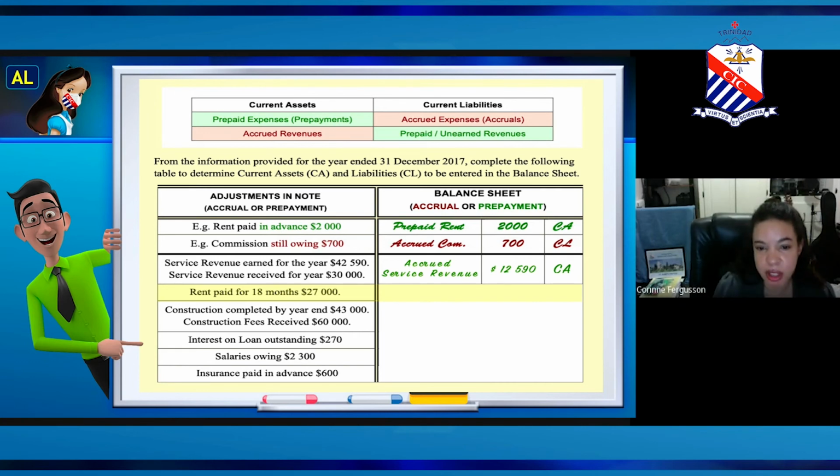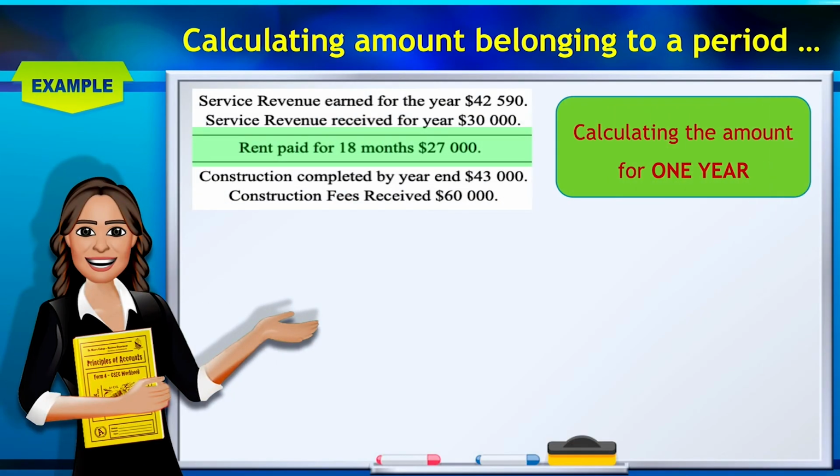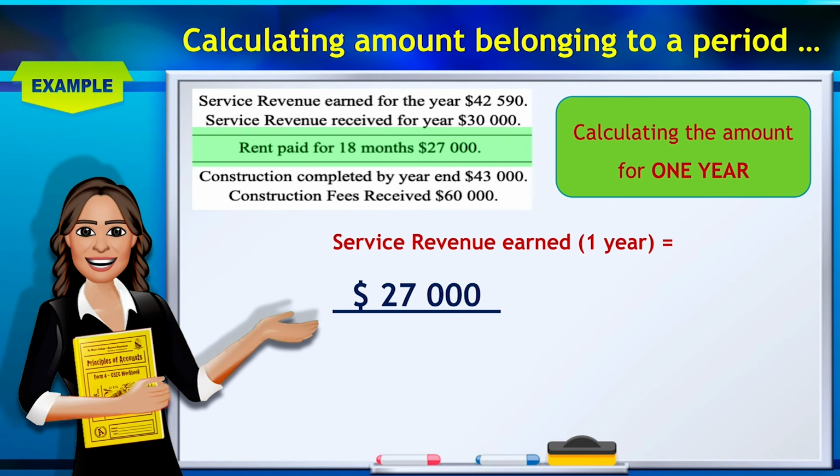How you would have found out the prepaid amount, there were 2 ways, a long way and a short way, which is that you would find out for the 12 months. And how do you find out for the 12 months is always the amount divided by the period it was paid for.